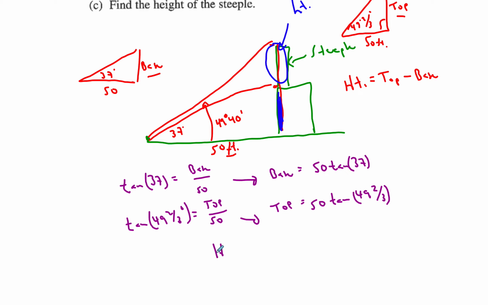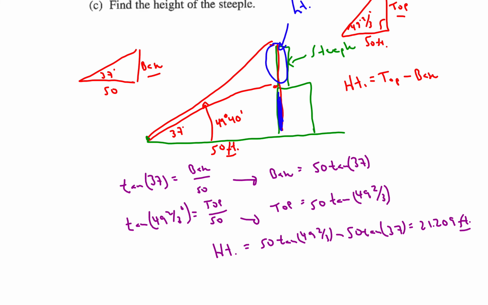So then I can find the height by taking the top minus the base. Just run those numbers all at once, right? And I will get right around 21.209 feet. Once again, I'm just going to 3 decimal places.